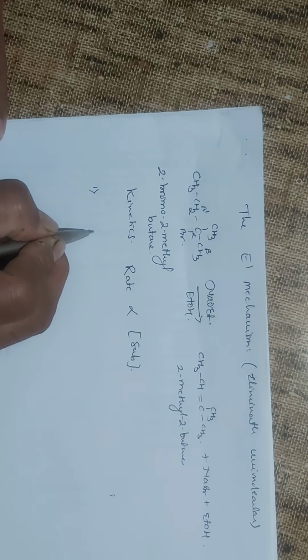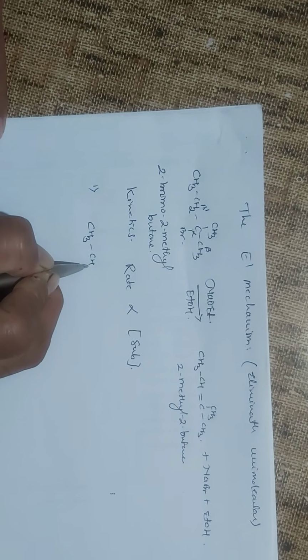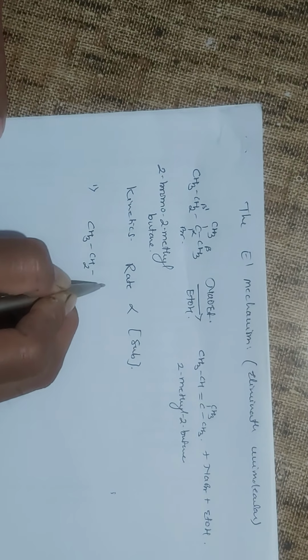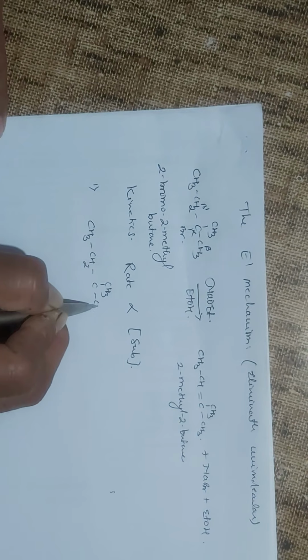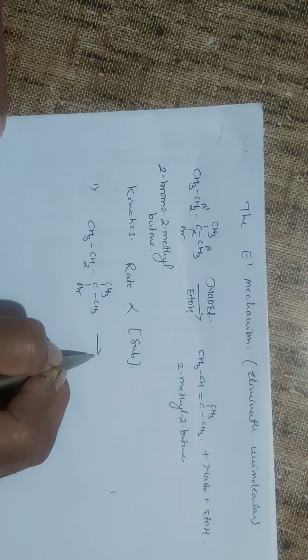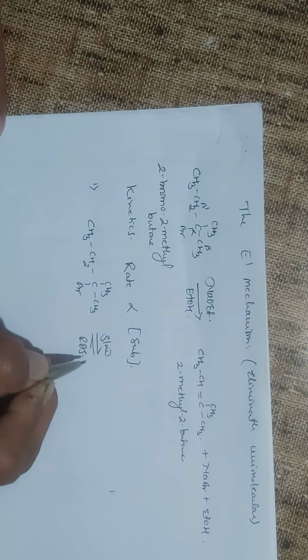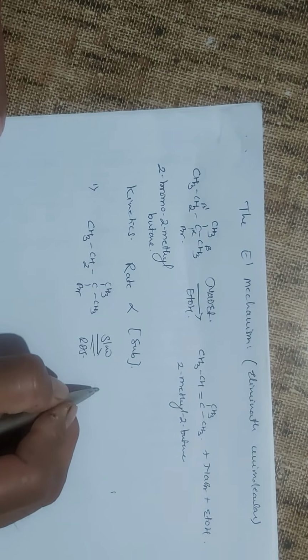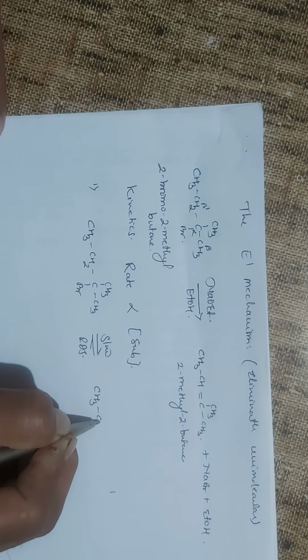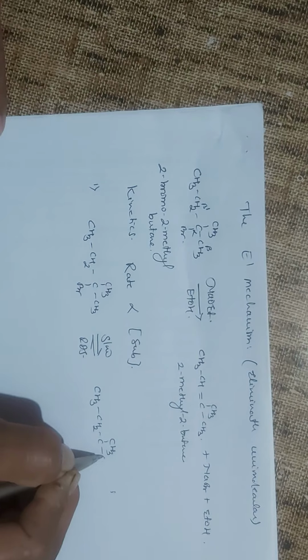So here CH3CH2C(CH3)(CH3)Br. In the first step, the slow step, termed the rate determining step, you get the formation of a carbocation as an intermediate.